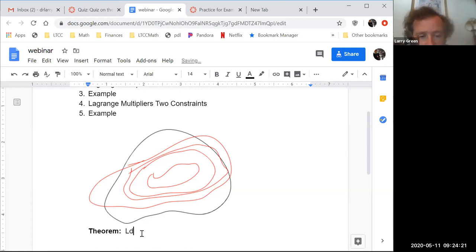So it says let f of x comma y be differentiable. Can't really do anything unless you have differentiable. And g of x, y equal some constant to define a smooth curve.